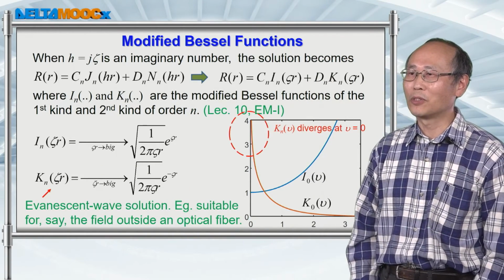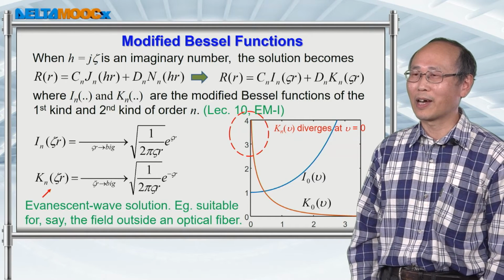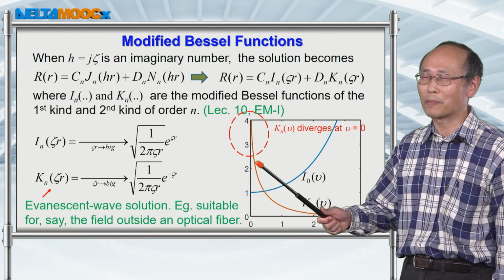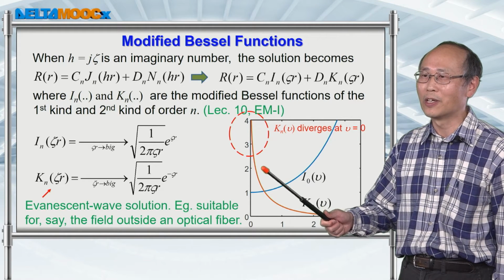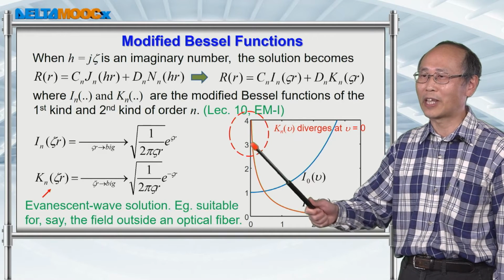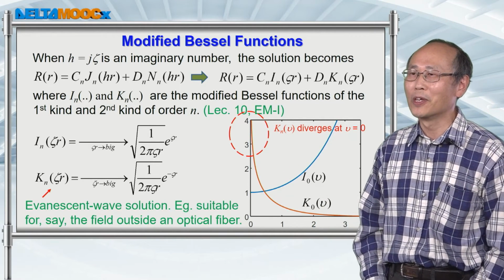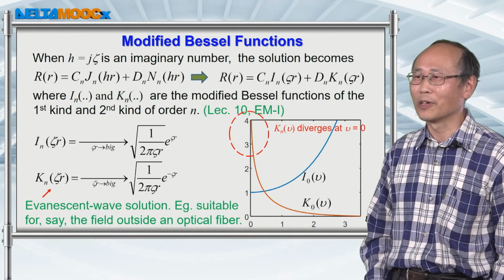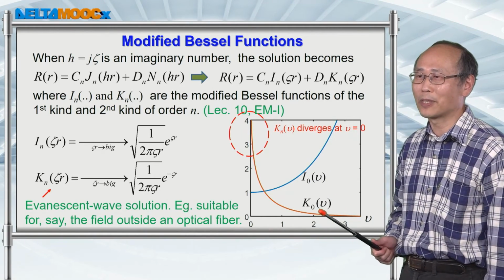And sometimes you want to deal with a problem involving r equal to 0. Then you have to be careful about this K modified Bessel function, which diverges at r equal to 0. So if you deal with a field involving r equal to 0, you cannot pick this K as your solution.